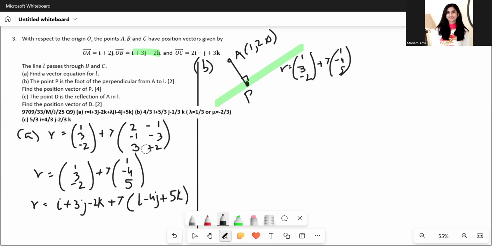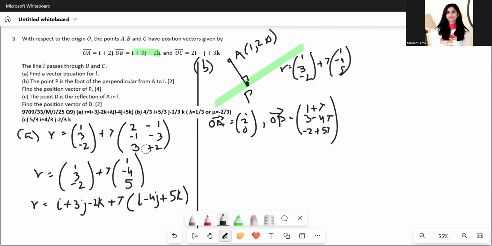The first step is you write down the position vector for A, that is 1, 2, 0. Then you write down the position vector for the foot of perpendicular, which is OP in this case, and that is always equal to the line on which it lies, which would be 1 plus lambda, 3 minus 4 lambda, and minus 2 plus 5 lambda.